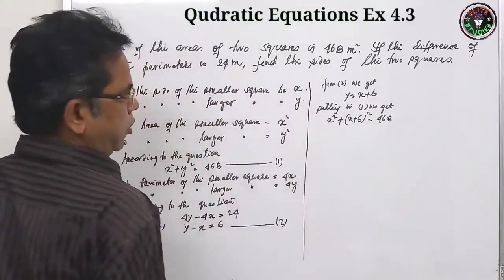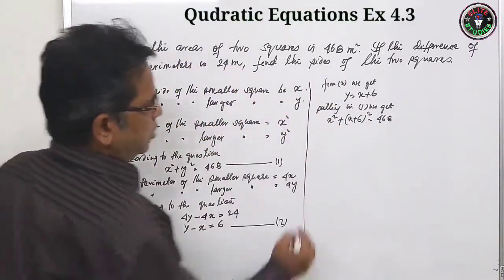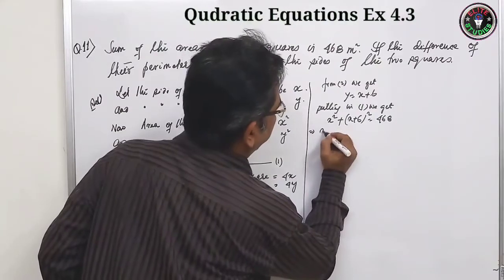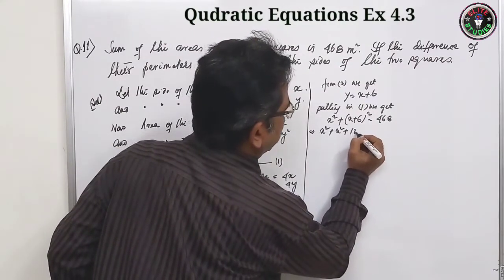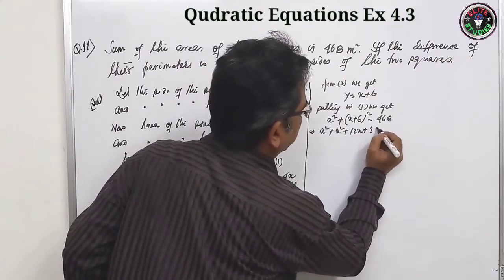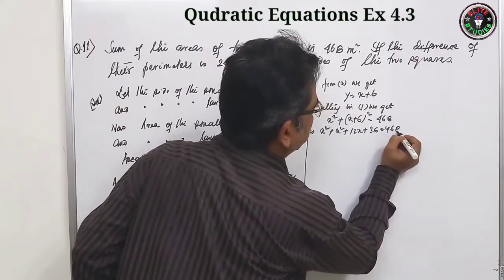Now there is an equation in one variable, so we'll just solve it. It will be x square plus 12x plus 36 is equal to 468.